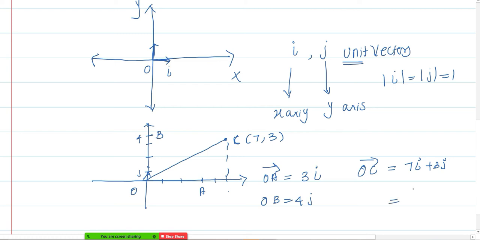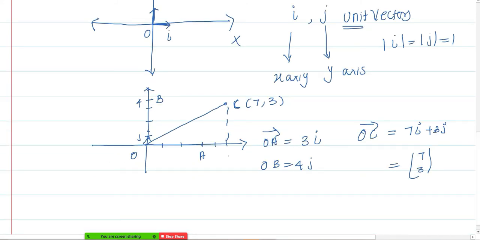If you write in column vector form, you may write it as 7 and 3. Getting it? This is expressing a vector in column vector form and in Cartesian coordinate form, or you can write it as ij component form.